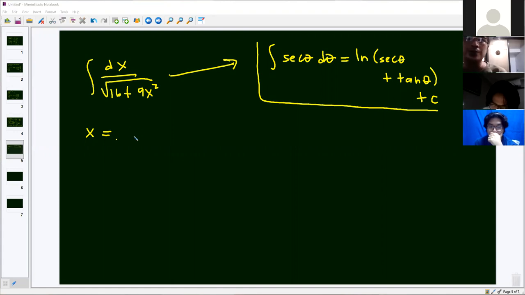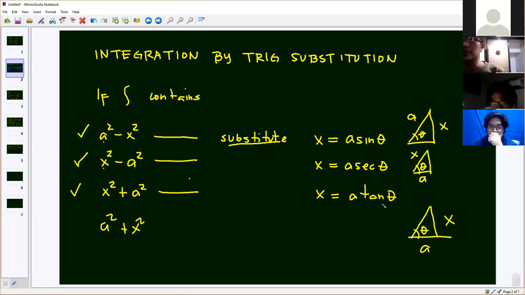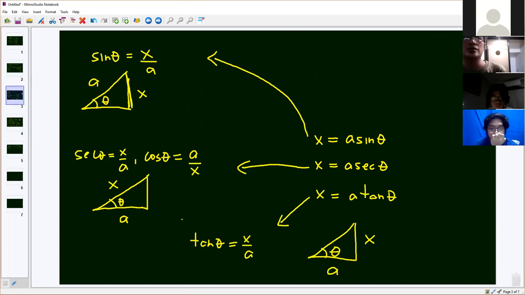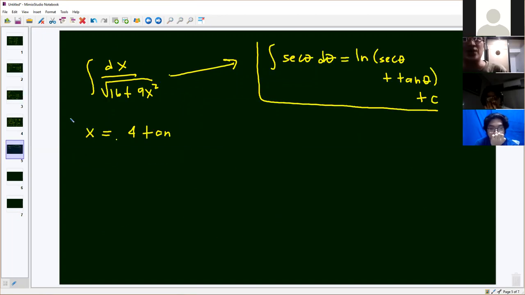So, 4 tan... ano ulit? X is a tan theta. So, anong a natin? Hindi. Triangle tayo. Mag-triangle tayo para sureball.